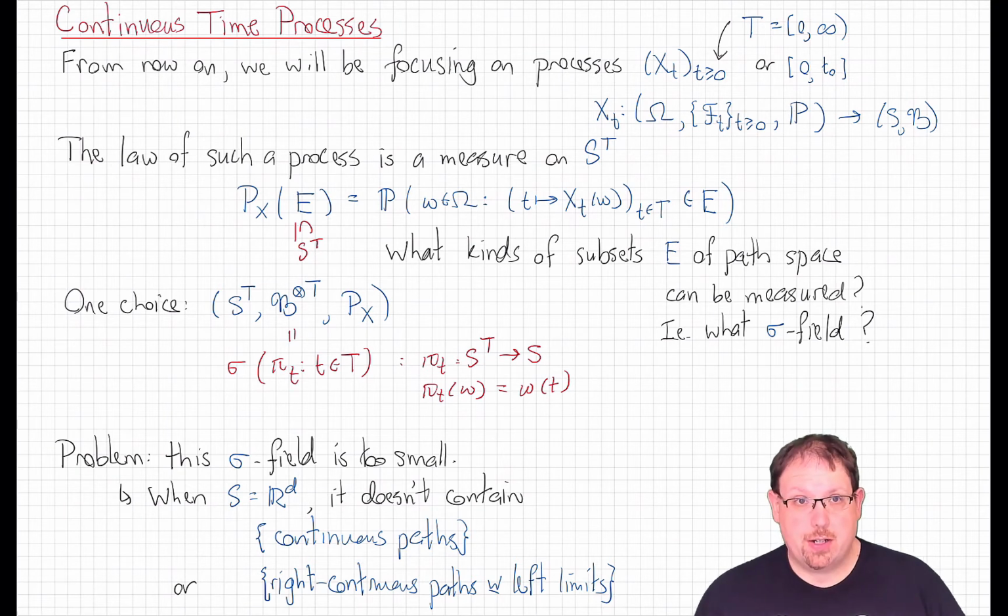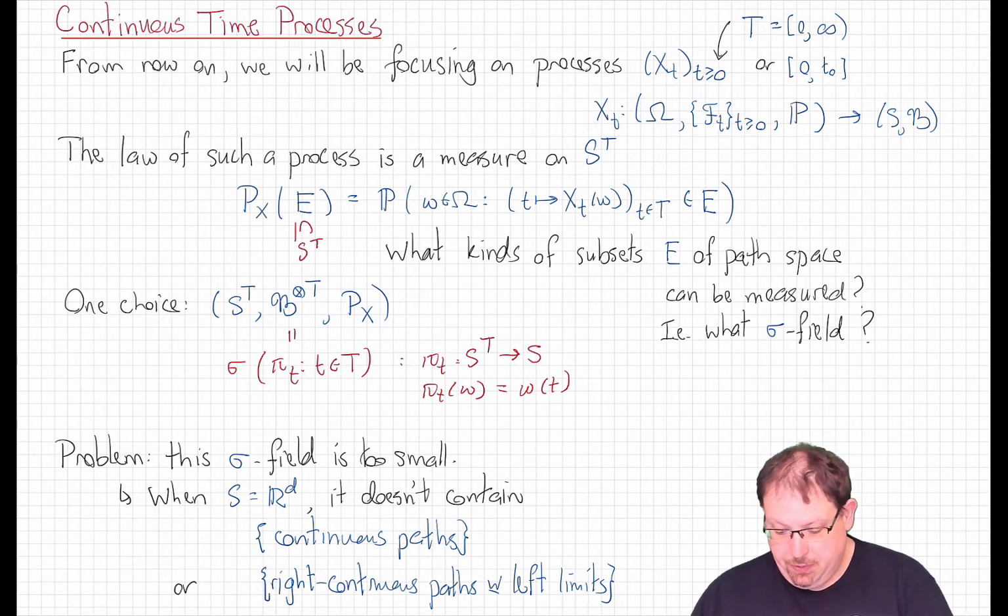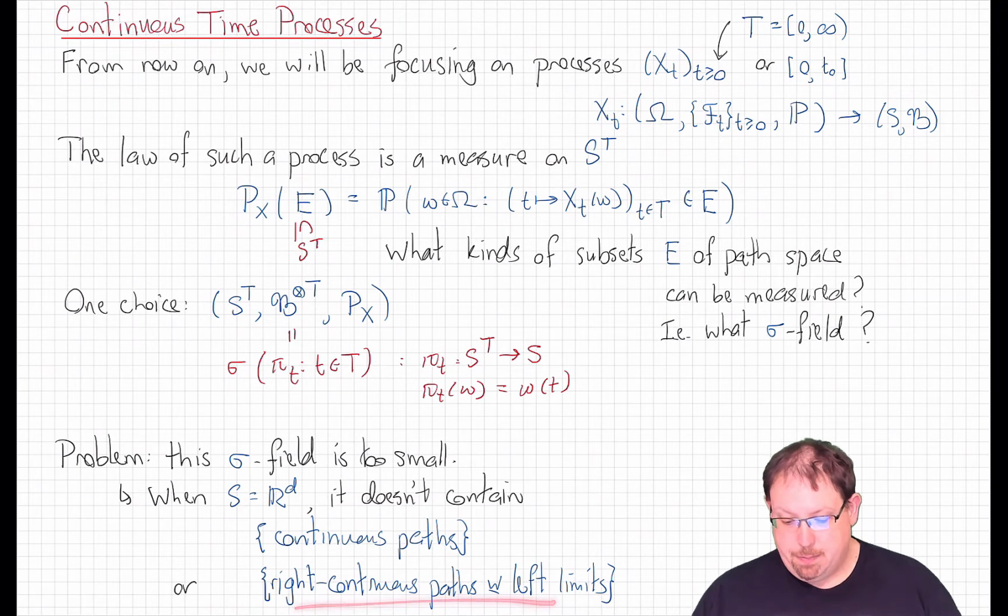Now we constructed one full stochastic process in continuous time, the Poisson process, and that is not a continuous process, but it is right continuous, and it has left limits. That's another class of functions that we'll be very interested in. And similarly, we cannot even ask the question, what is the probability that the paths of this process are in this set, because it's not typically in this sigma field.